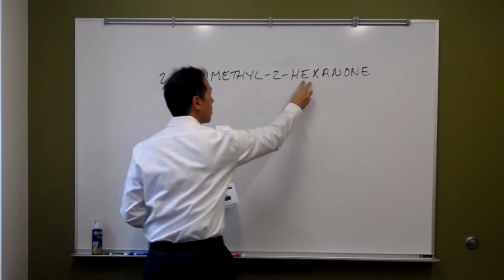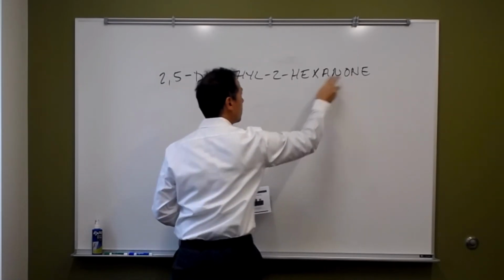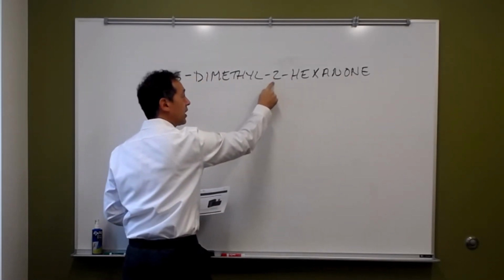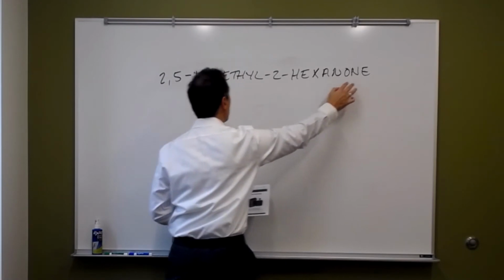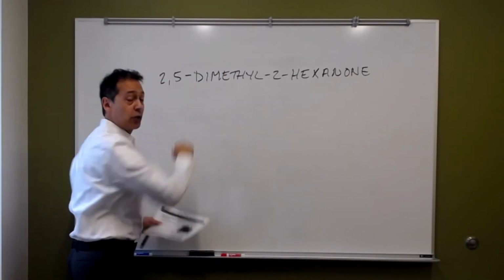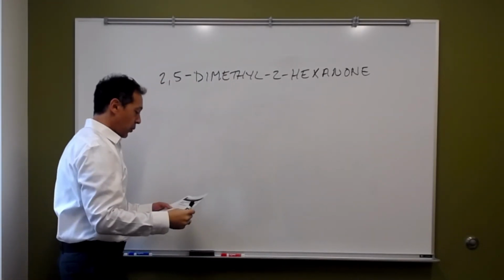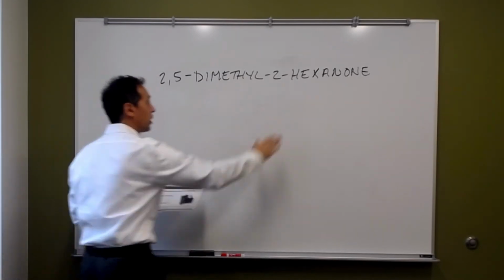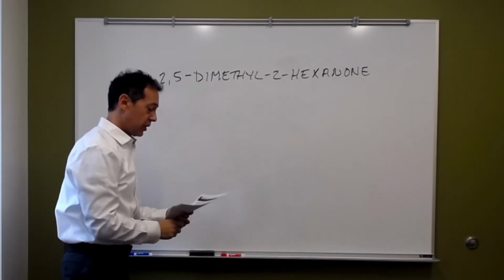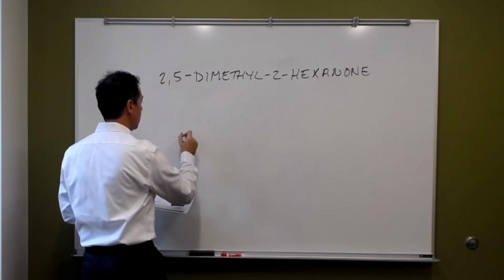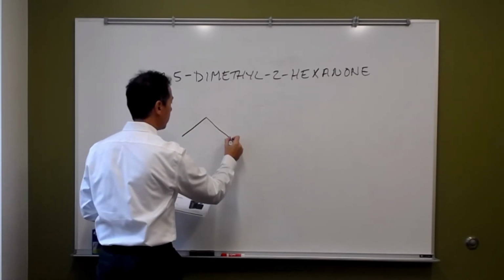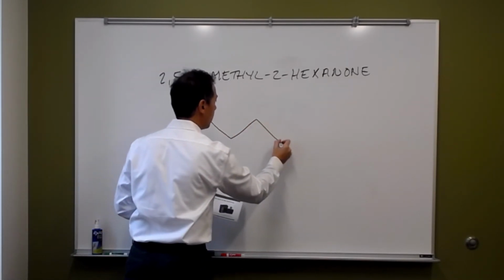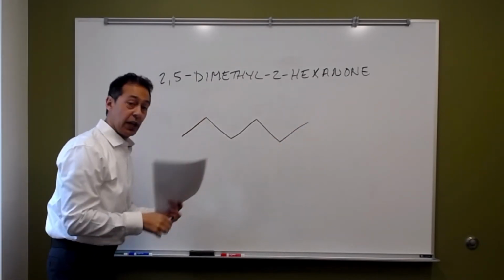So we have 6 carbons here. It is a ketone, 6 carbons, and off of the second carbon, we have the ketone, and then we have a couple of methyl groups attached onto it. All right, so I'm going to start out by drawing my 6 carbon atoms here. 1, 2, 3, 4, 5, 6, like this, and we're going to label it.